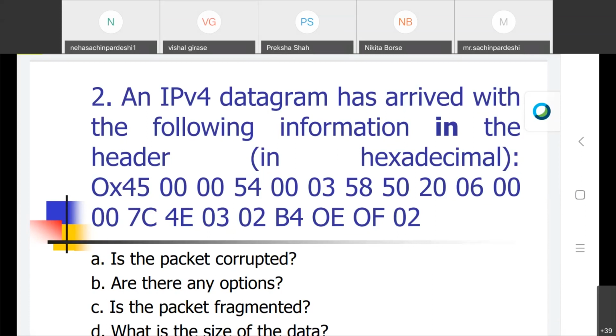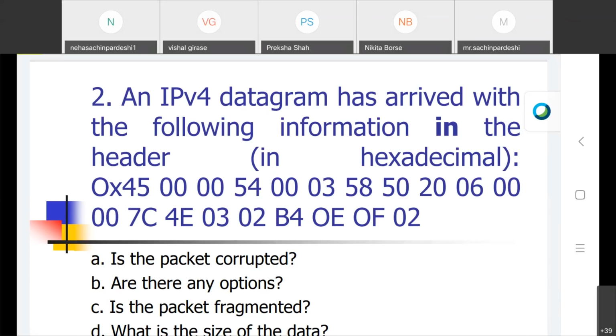Whatever value is in the header length field, you multiply by 4 to get the header length. So 15 into 4 is 60. The same concept applies here: the 5 multiplied by 4 gives the header length, which is 20. Then the next 8 bits represent the service.